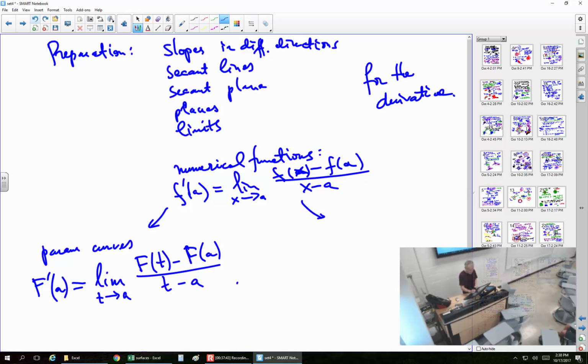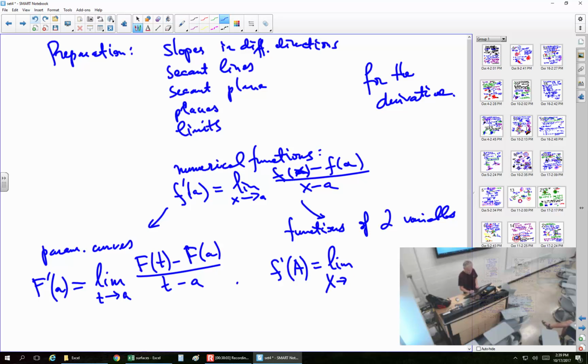And now if we try to do the same with functions of two variables or more, then if I just try to write out as we have f prime of a. Remember now the input is multidimensional. I have the limit x goes to a. So far so good. We know how to do these limits. The numerator is f of x capital minus f of a. So far so good.